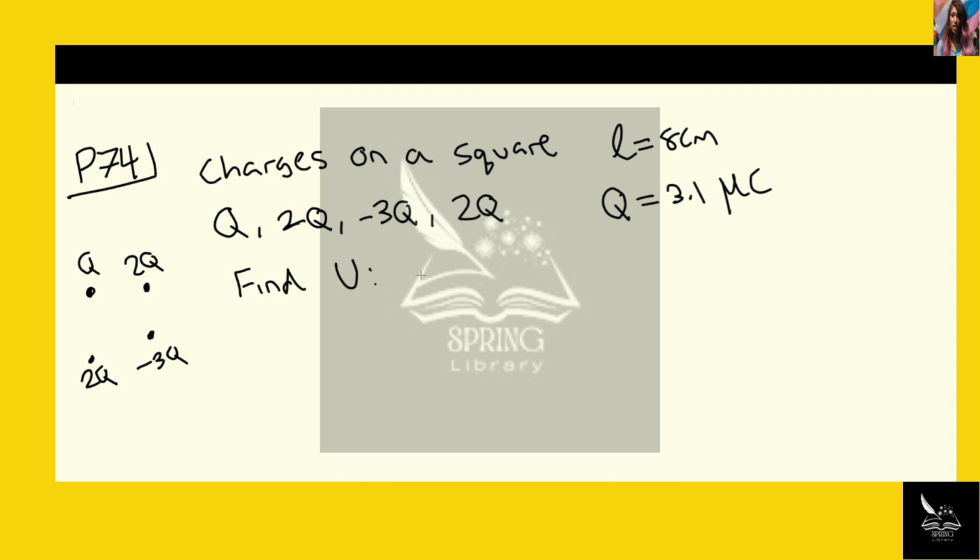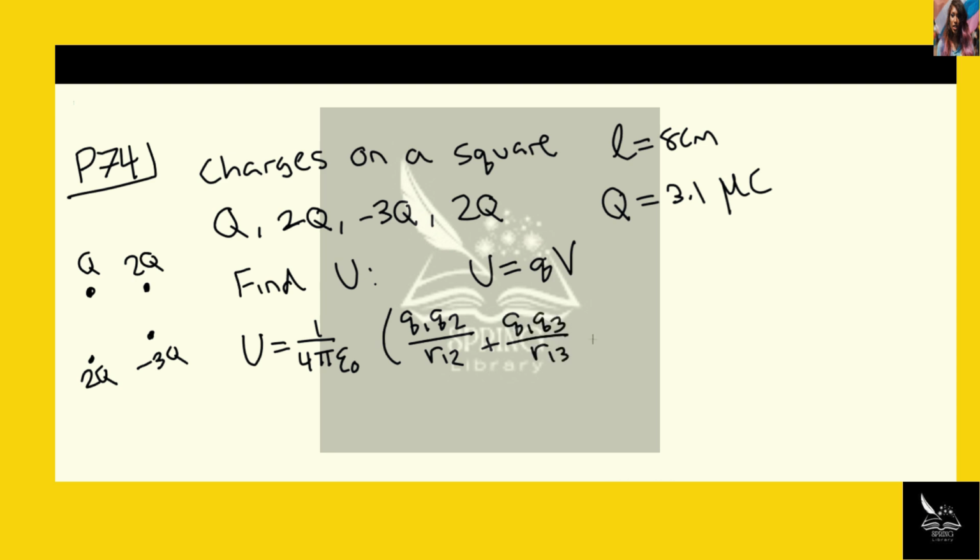We can use the fact that U is equal to QV for a particular pair of potentials. And we need to add up all the pairs of potentials. So we would have U is equal to 1 over 4 pi epsilon naught, Q1 Q2 over the distance between the two, plus Q1 Q3 over the distance between 1 and 3, Q1 Q4 over the distance between 1 and 4.